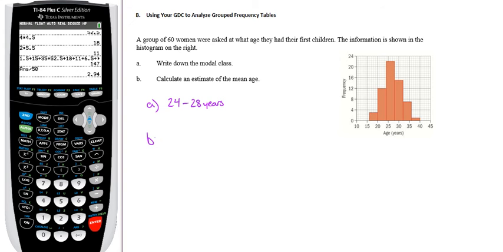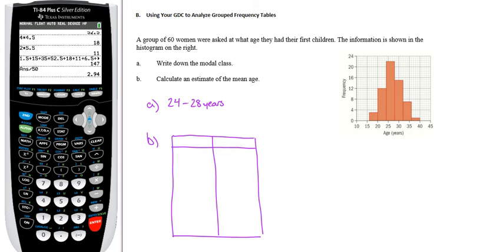To find the mean, it's going to be really helpful to have a frequency table. So we're just going to make a frequency table, and we're not going to do all the calculations by hand. This is just going to be a really simple table with interval and frequency. So this is going to be age in years, and this is going to be frequency. The first interval goes from 16 to 20, and that is going to be a frequency of, looks like 3.